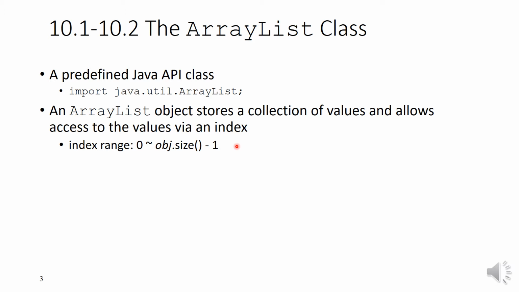For example, if you have 5 elements in an ArrayList object, the first item is at index 0, the next at index 1, then index 2, 3, and the last item is at index 4. The ArrayList class comes with many instance methods for working with individual items in the list or the whole list, such as insert, delete, and search.